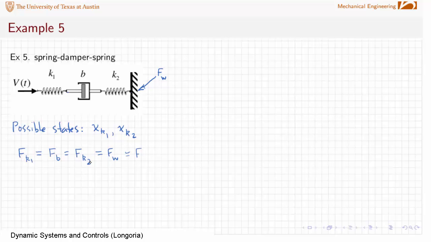The fact that these are equal and that these are two energy storing springs means that we can identify that because Fk1 is equal to K1 xk1, that has to be equal to K2 xk2, which means that these two spring states are equal.